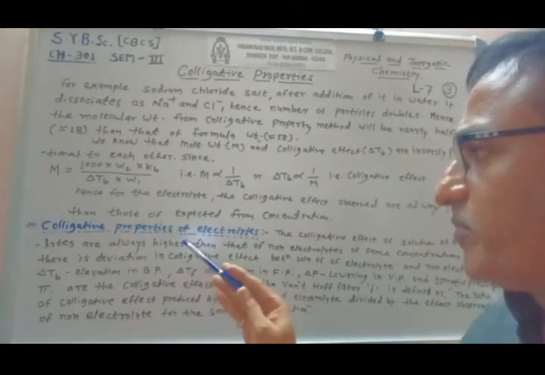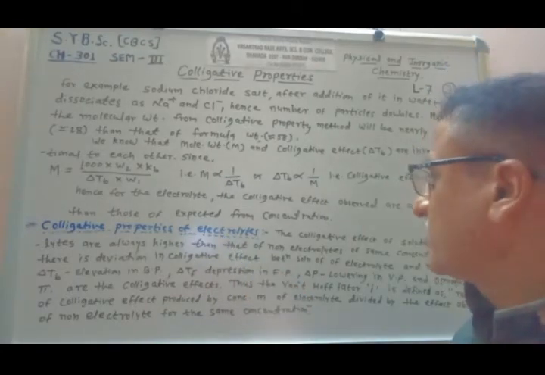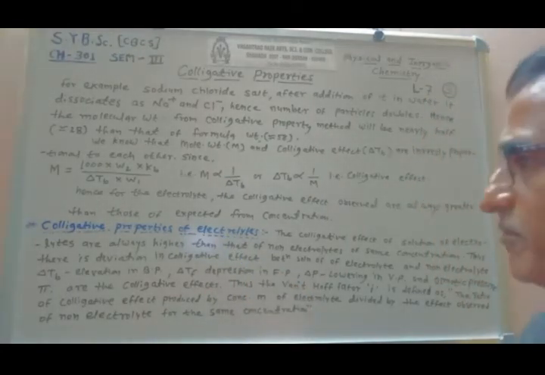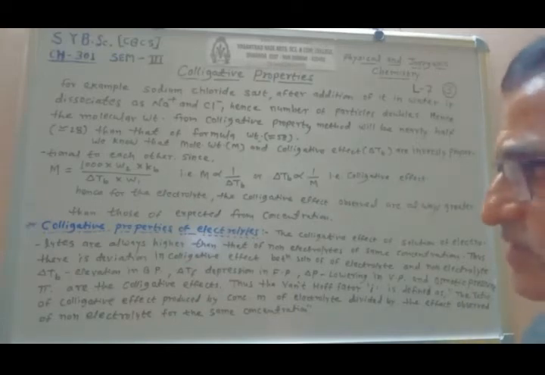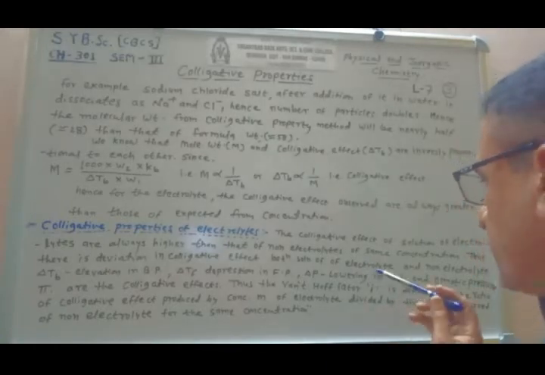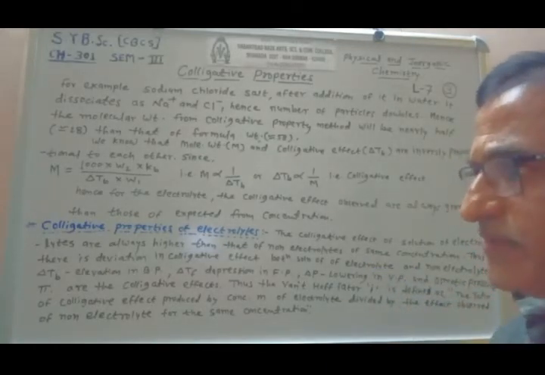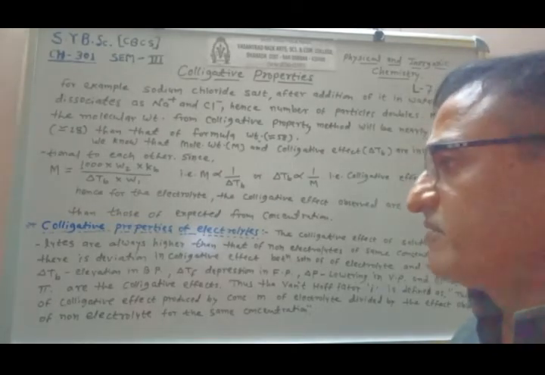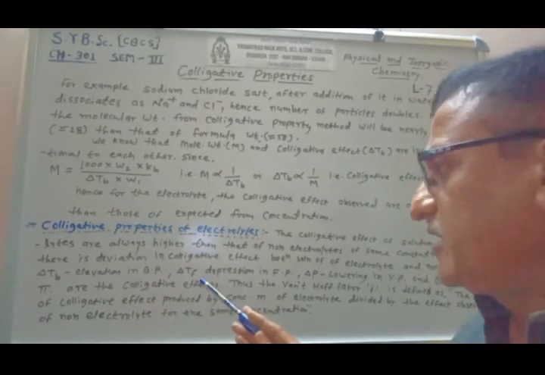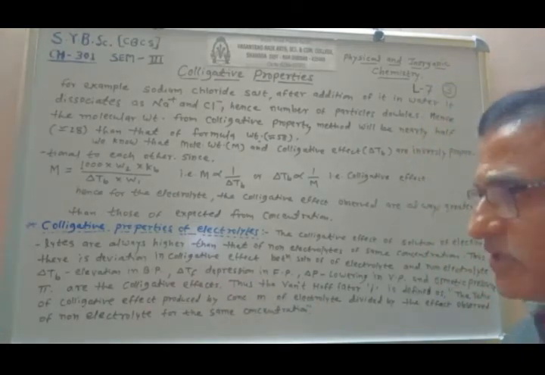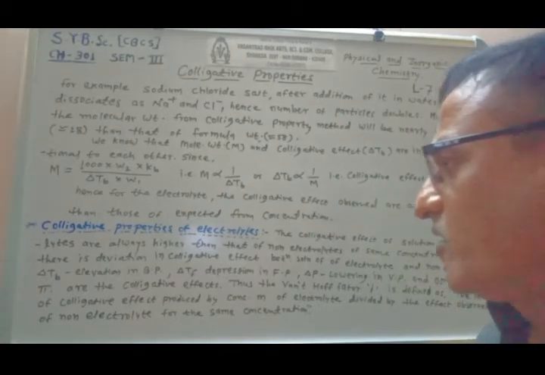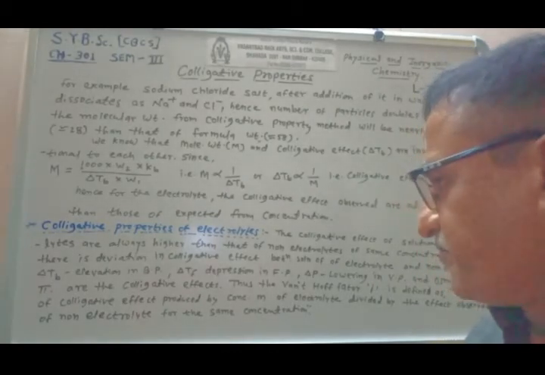Now, colligative properties of electrolytes. The colligative effect of a solution of electrolytes is always higher than that of a non-electrolyte of the same concentration. Thus, there is a deviation in colligative effect between the solution of electrolyte and non-electrolyte. Here, delta Tb is the elevation in boiling point, delta Tf is the depression in freezing point, delta P is the lowering in vapor pressure, and osmotic pressure is pi, these being the colligative effects.